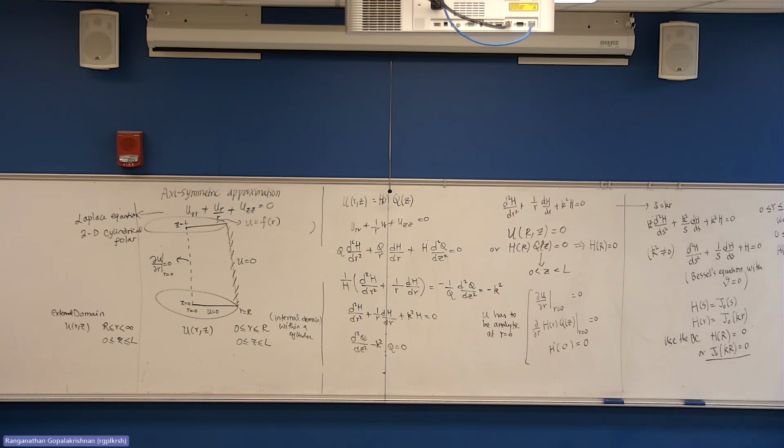And there could be multiple values. That's the point I'm trying to make: if you plot k times r, the Bessel function could cross the axis multiple times. So each value is a potential solution or a root.